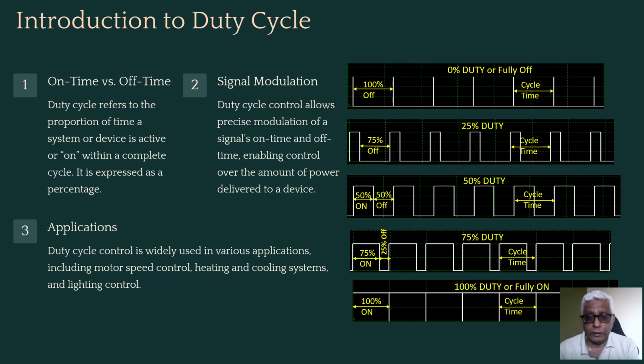And at 75% of the time, when it is on, you say it is 75% duty. And at 100% duty, it is fully on all the time. It is never off during the cycle time itself. All right. Now next we see why we need this duty cycle control. What are its advantages, what it can do and what it cannot do?